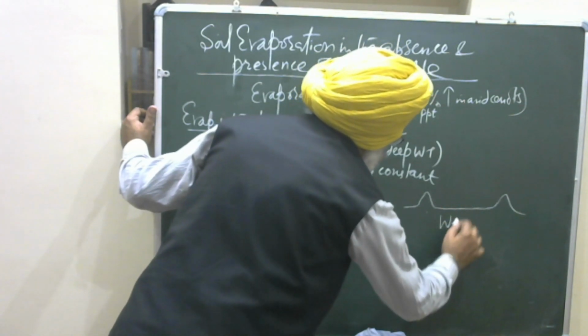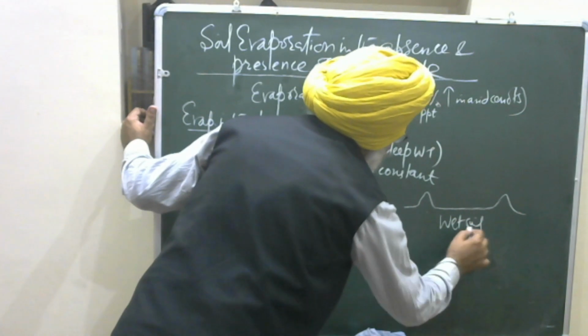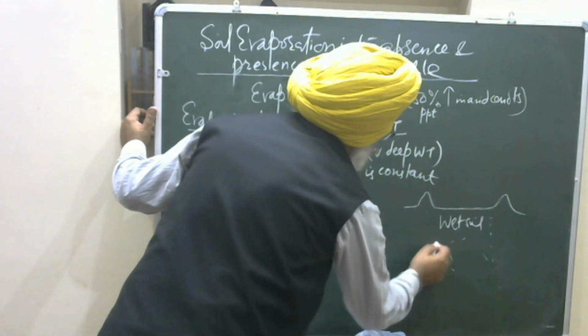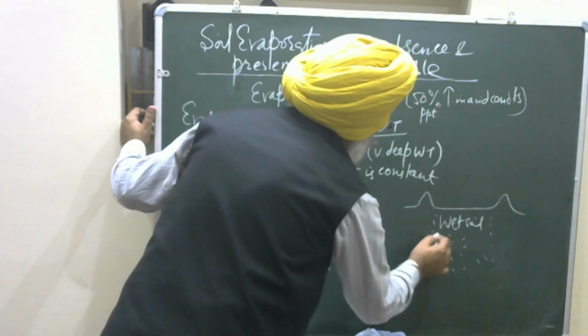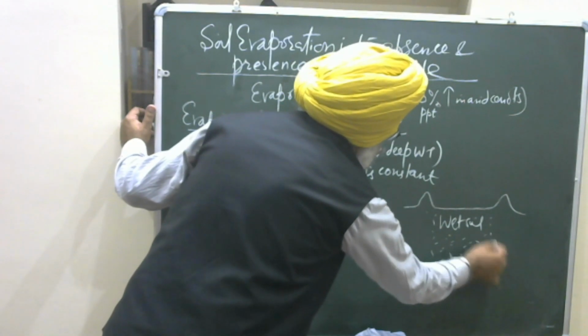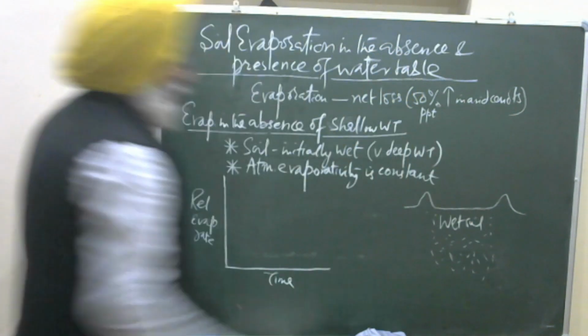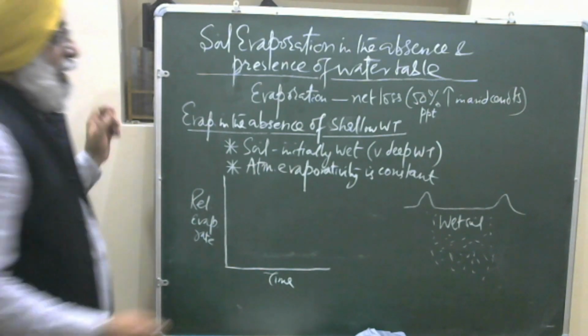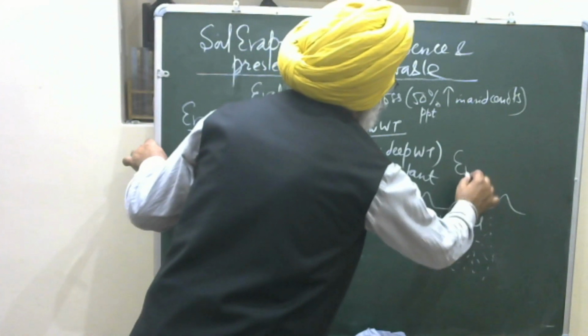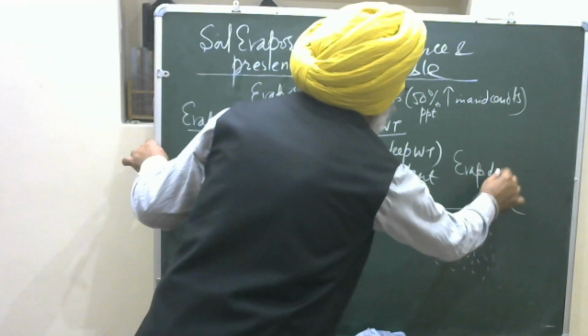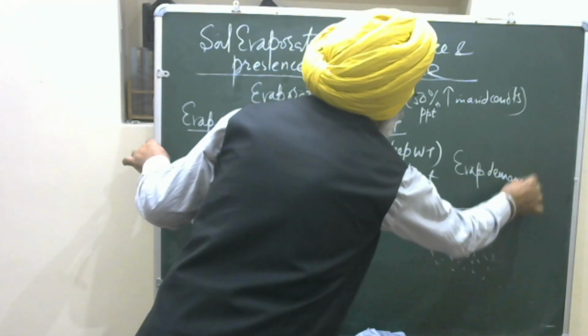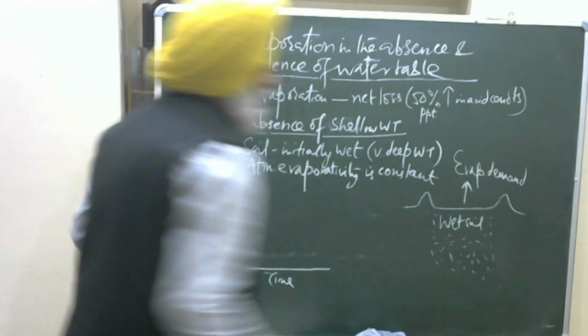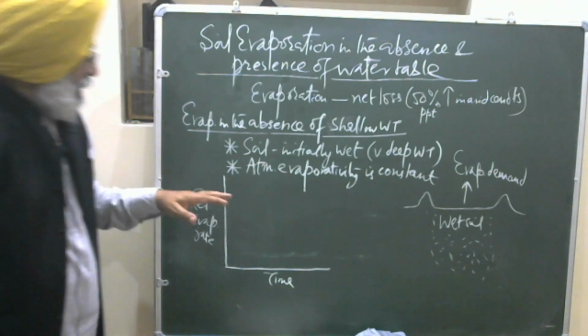So this is your wet soil. Let us say the root zone is very wet. Now there is evaporative demand. Evaporation is taking place.